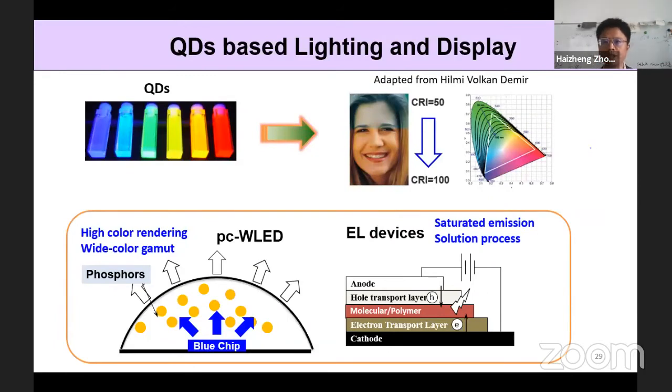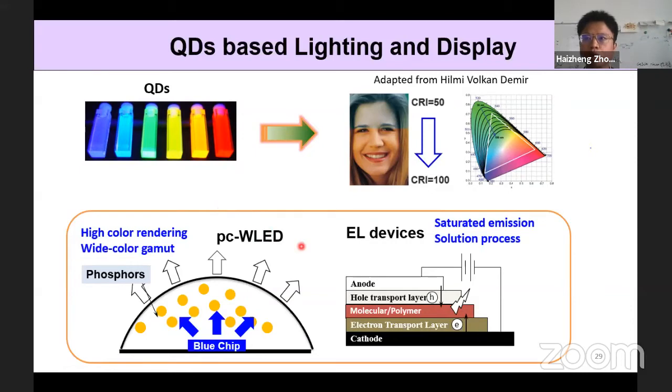The incorporation of quantum dots can improve the color quality by increasing the color rendering index for general lighting, or expanding the color gamut for displays. Currently, there are two ways to achieve QD lighting.